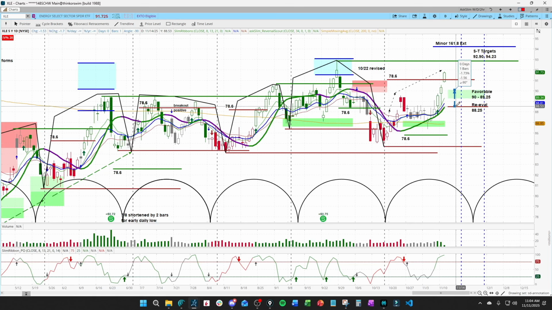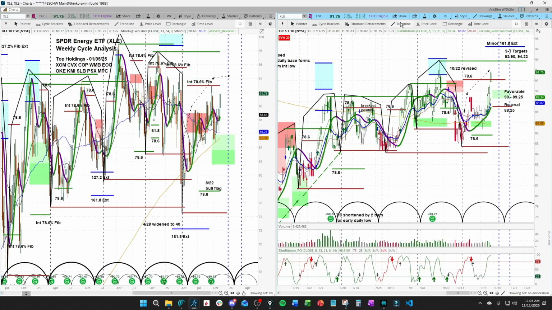So that overall risk is right around, let's just say, 150 or so. And I am looking for a move of close to around 3 points on the upside. So that is around 2 to 1 in terms of that overall reward to risk ratio. And that's really an interesting opportunity here if this can in fact set up. Okay, so that's what I want to highlight here for the XLE.